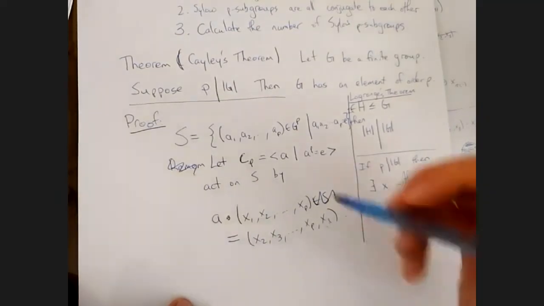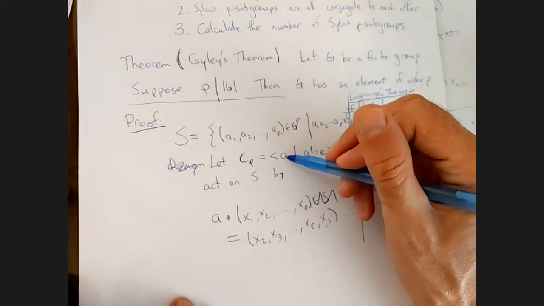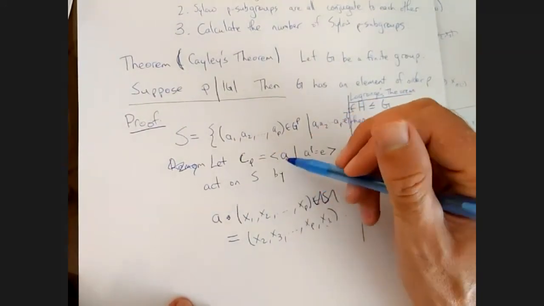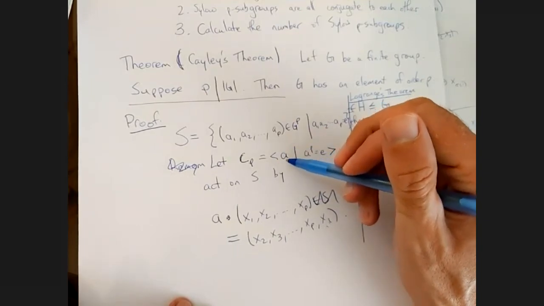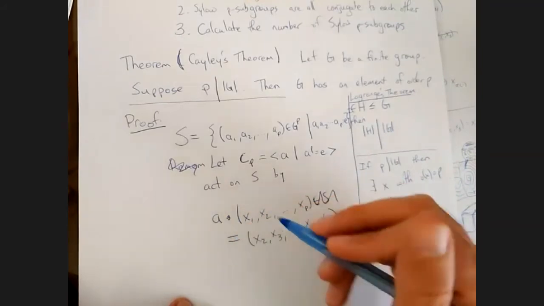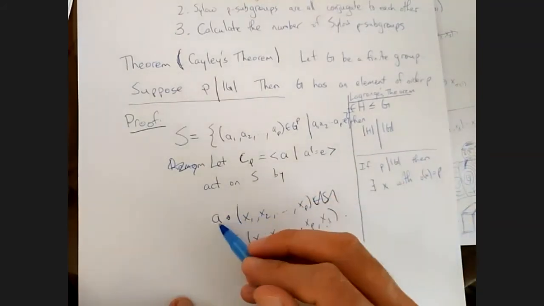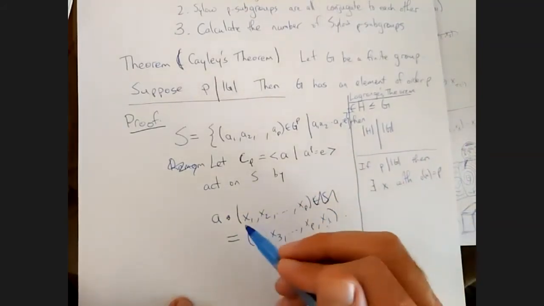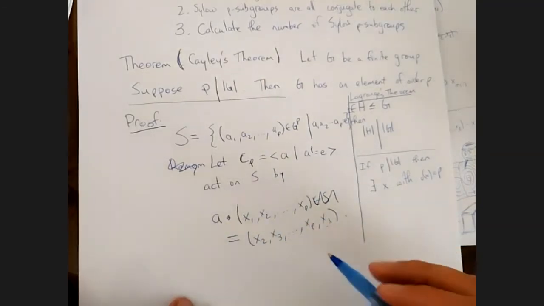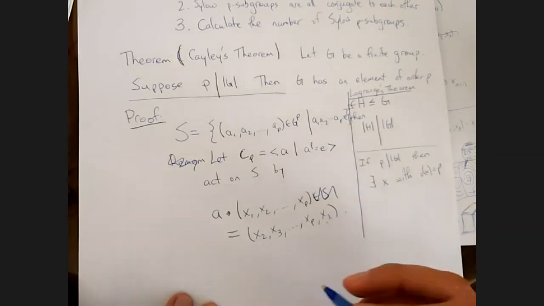So notice I've told you what the generator does to each element of S. That tells you what every element of the group does to the elements of S because if a shifts everything over to the left once, if I do a and then a again, I've shifted everything over twice.